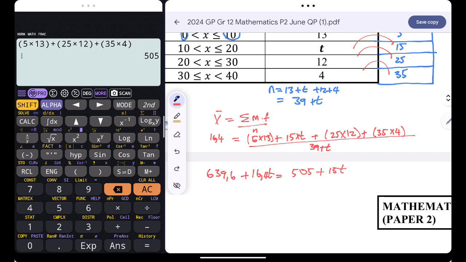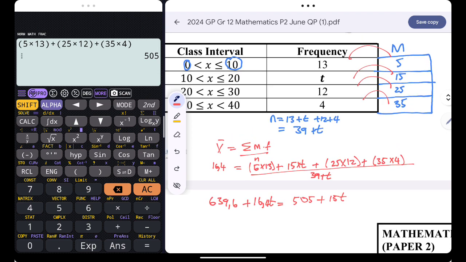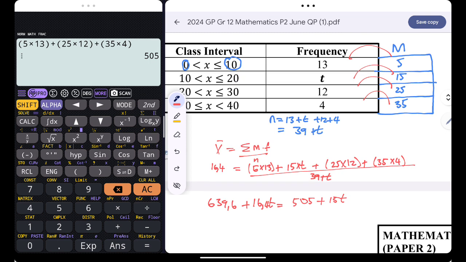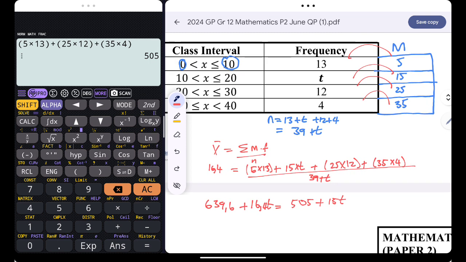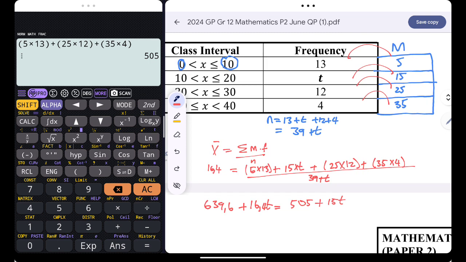But it seems like I'll get an incorrect answer over there. Why do I feel like that? I think I made a mistake over there.